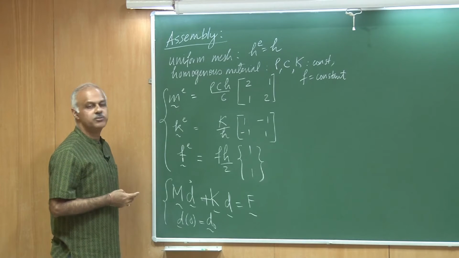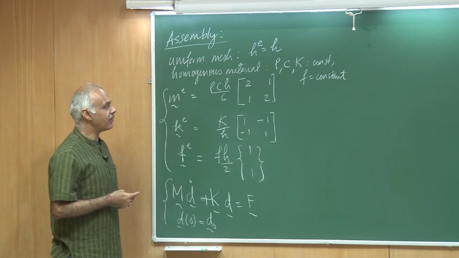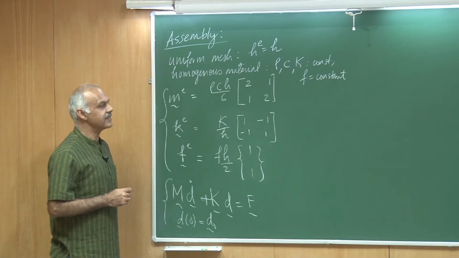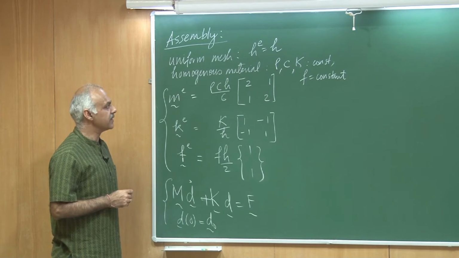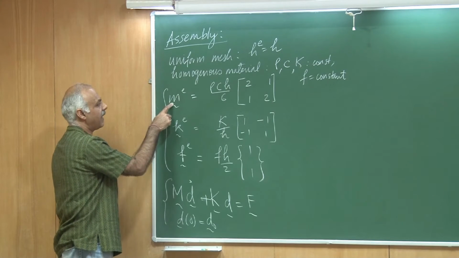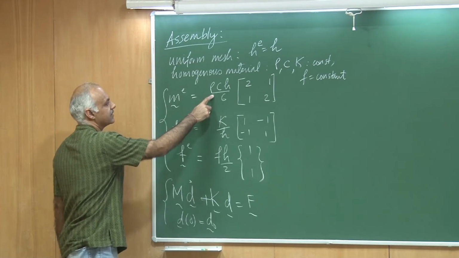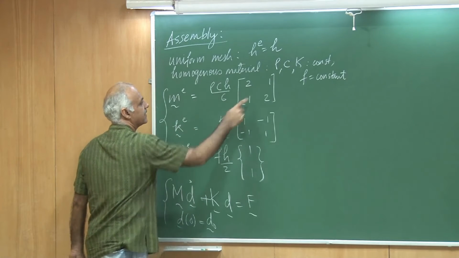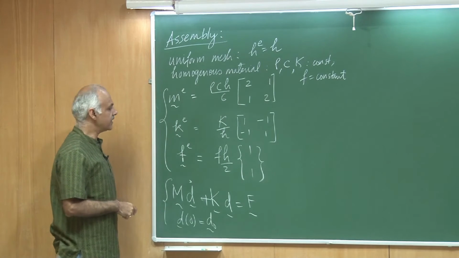Of course, we do not have to make these assumptions. Finite elements allows us to have a perfectly variable and realistic variation of material properties. But if we make those assumptions, then the mass matrix would have these constants outside, and then it is a 2 by 2 matrix as written over here.